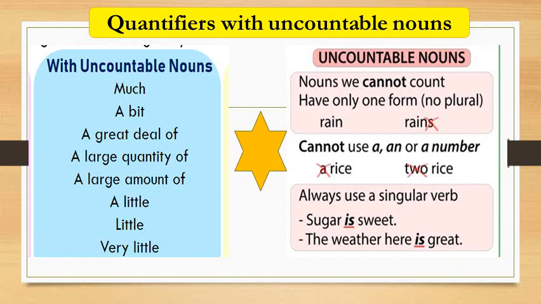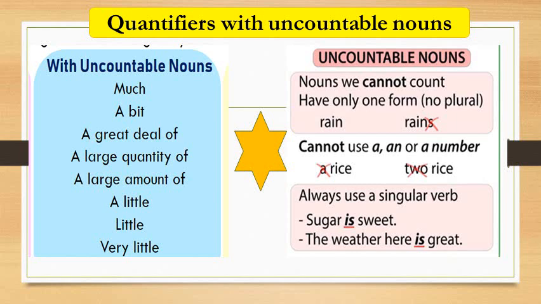Why do we use all these quantifiers? In order to indicate its amount or quantity. Okay? How much water do you have? I have much water. Or you can say, I don't have much water. I have a little water. Okay.